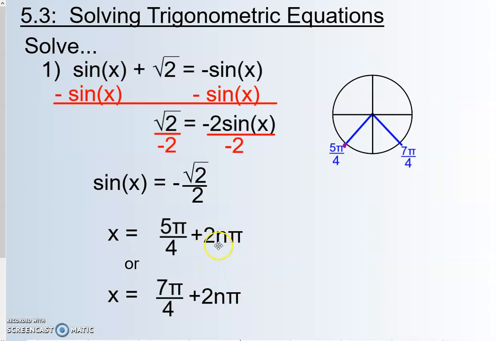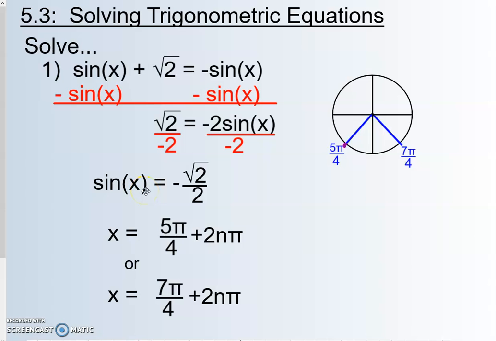And what n stands for is an integer. And I'll remind you, the integers are the counting numbers, 1, 2, 3, 4, 5, 6, 7, etc. They also include 0, and they include the negative counting numbers. So by adding 2 n pi, we take care of all these full circle rotations that will also give us a value of negative radical 2 over 2 for the sine.